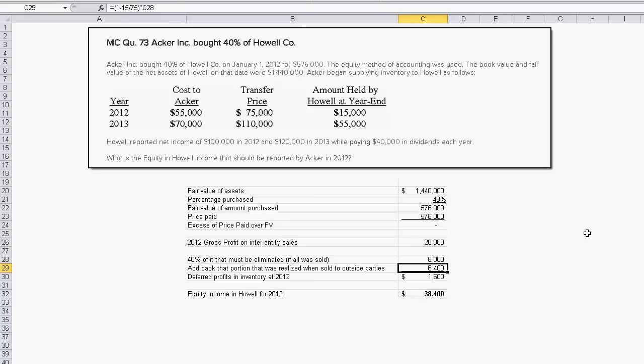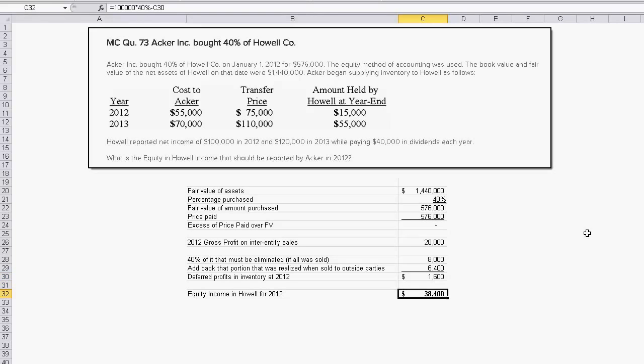And when we subtract the $6,400, the portion that was realized, from the amount that must be eliminated, we come up with the deferred profits on inventory in 2012. Now, this approach may be confusing to you. You may find it easier just to calculate the percentage that's on hand in a different manner, but to me this is the logic that makes sense to me.